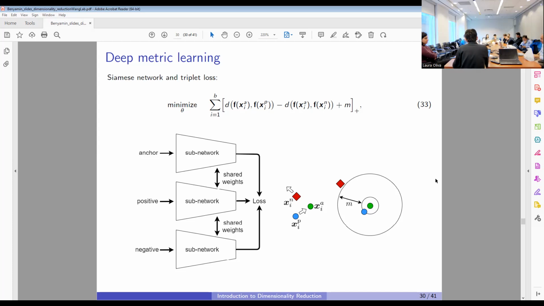Now assume I have anchor, positive, negative triplets in a way that anchor and positive belong to the same class, but negative is from another class. So a neighbor and a distant one, kind of. I want to push the embedding of anchor and positive toward each other, but pull away the embedding of this negative point, right? This is what the losses for Siamese networks do, such as triplet loss or contrastive loss.